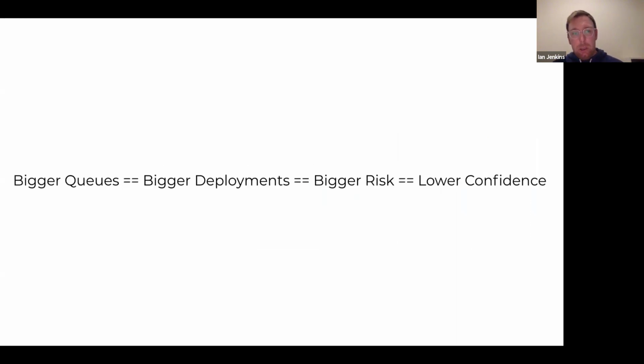So bigger queues equals bigger deployments equals bigger risk, and with a bigger risk, you have a decreased confidence. So the answer is we want to be shipping. We want to be deploying often to increase this flow. As soon as you aren't deploying often, you end up with these queues of work.